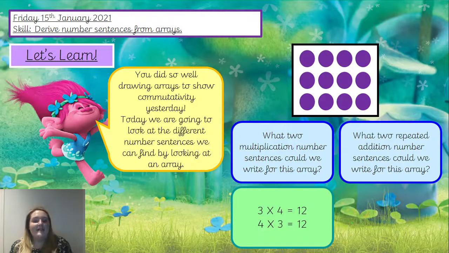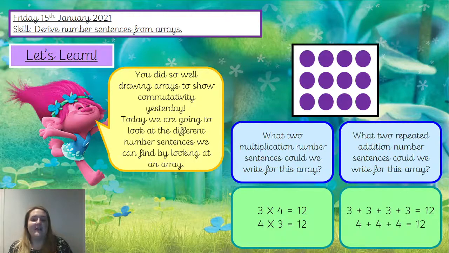What 2 repeated addition number sentences could we write for this array then? Think back to our learning last week, towards the end of this week, about repeated addition number sentences. What 2 repeated addition number sentences could we write for this specific array? Turn to the person next to you or discuss with your grown-up. Off you go. Okay, well done if you got this.